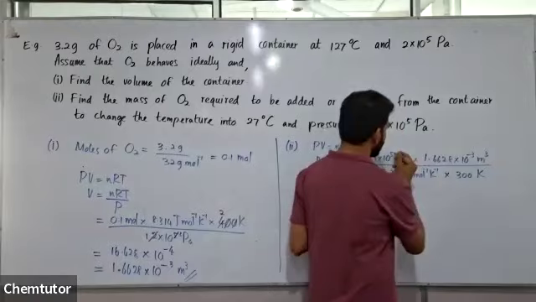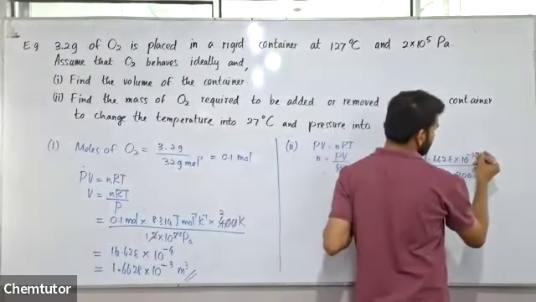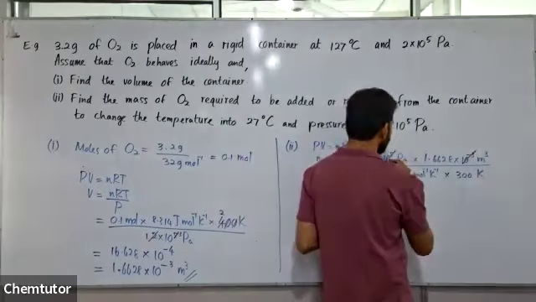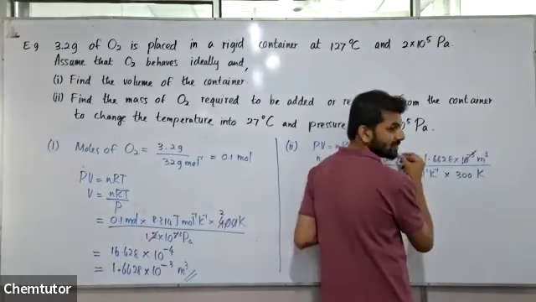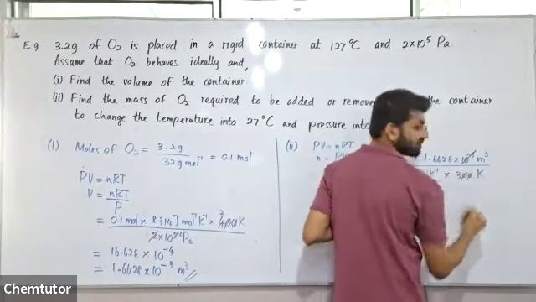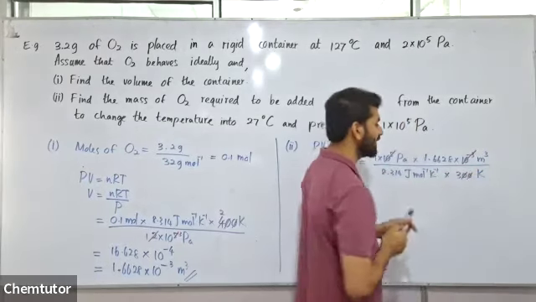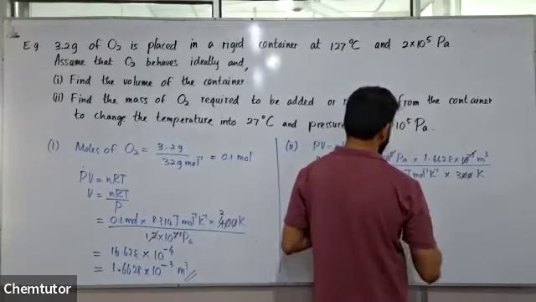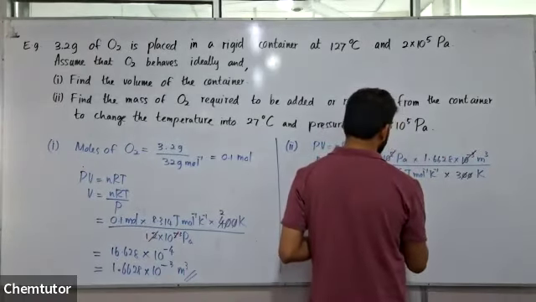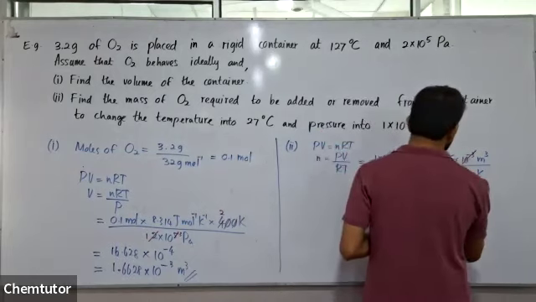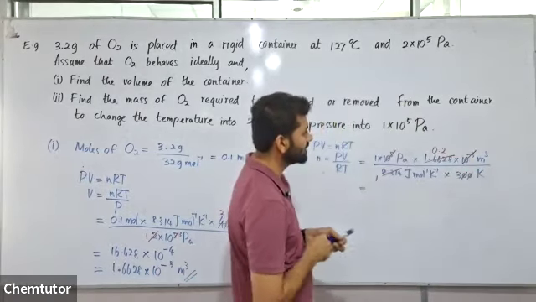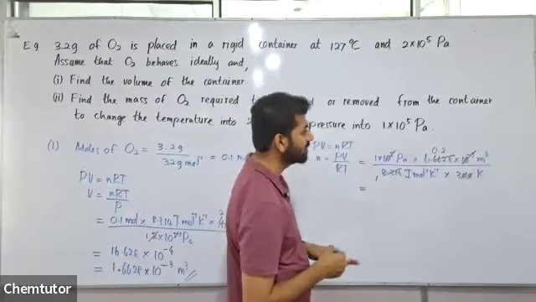Once you simplify, we have 10 to the power 5, so we can cancel off 3 tens from this 10 to the power minus 3. Then 2 zeros remain that will be cancelled off with this. And this will be 8.314 times 1 over 8.314 times 3, giving 0.2 divided by 3.